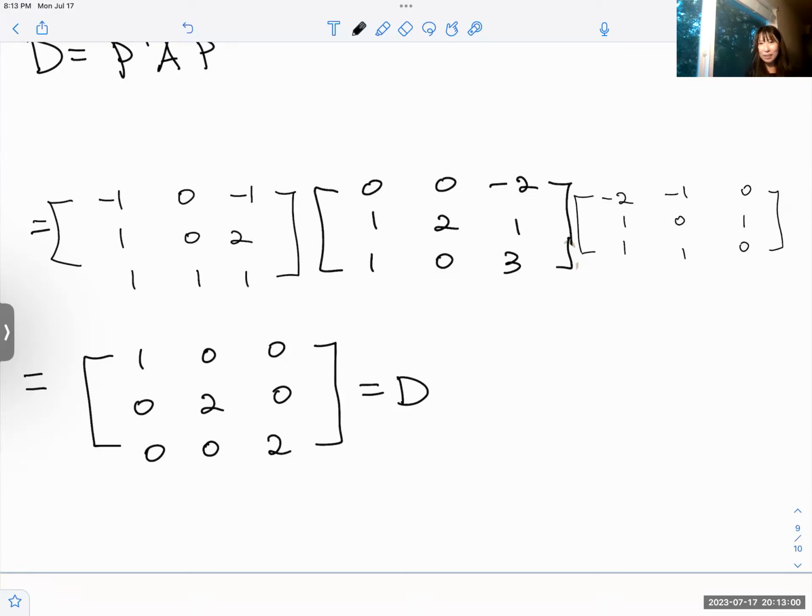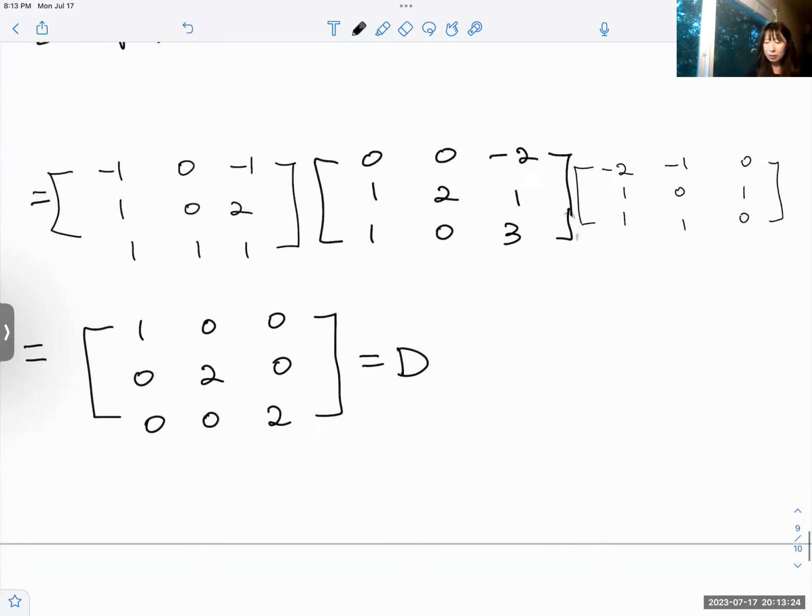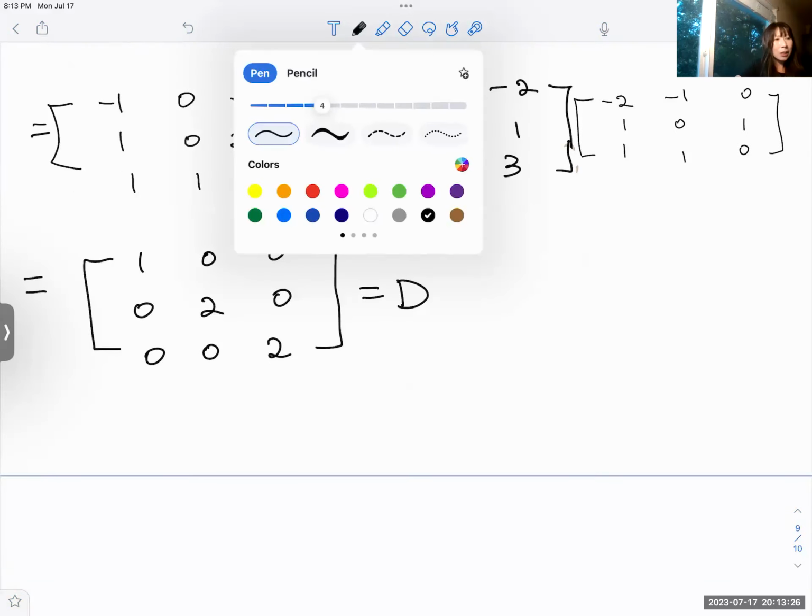Okay. Since we don't have time, I want to finish this one. The second example is about why we cannot make a diagonal matrix, because the eigenvector is 0. We cannot have an eigenvector as the 0 vector, so in that case we cannot make it. I'm gonna write it down one more time. Second example, I'm not gonna go over it because we don't have time.